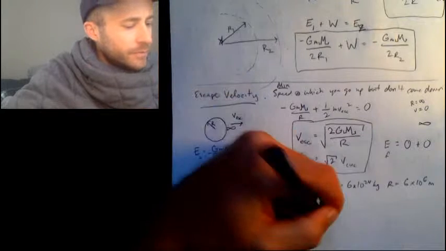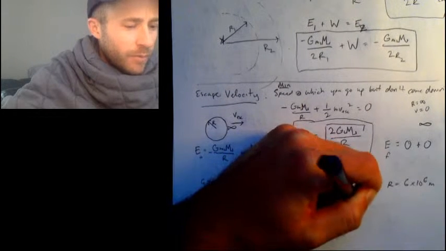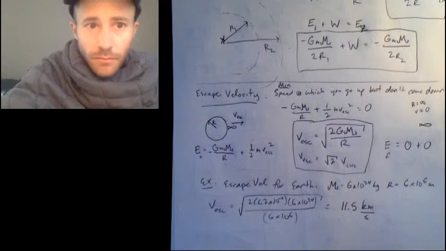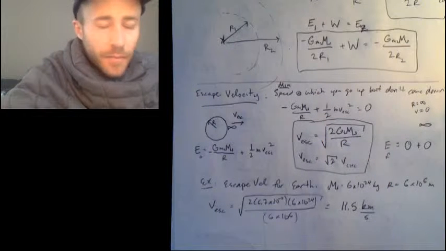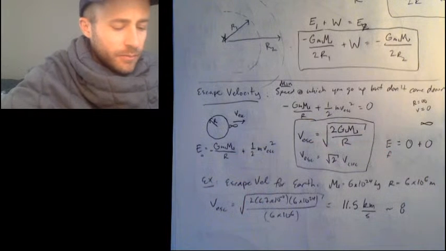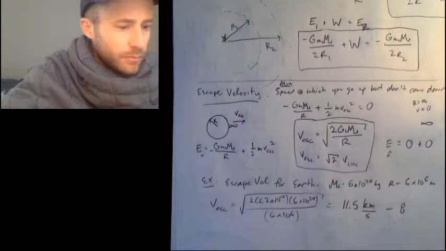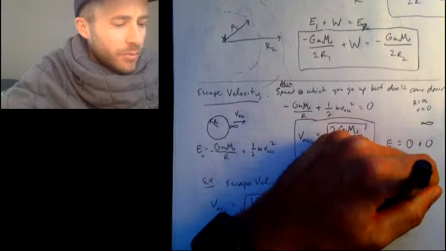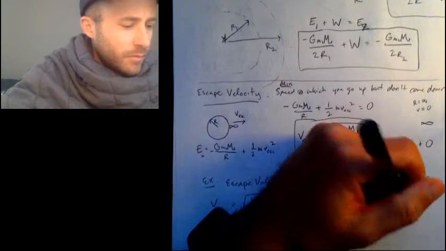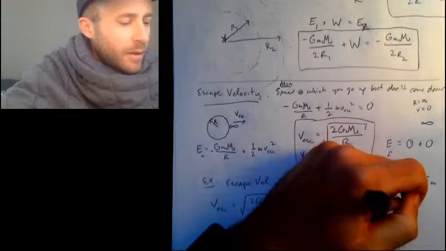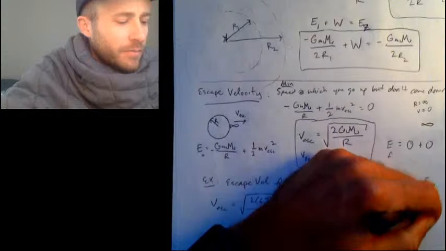And we get about 11.5 kilometers per second. Which works out to roughly 7 miles per second.